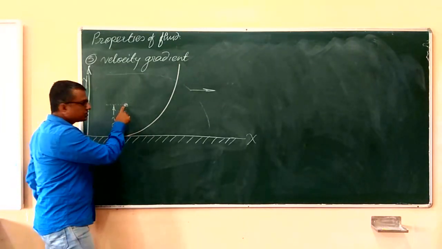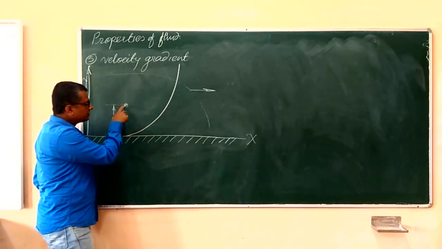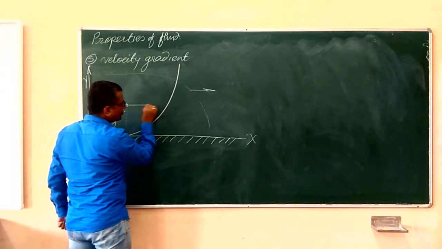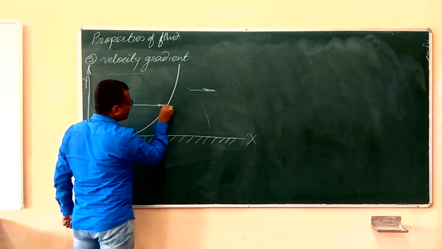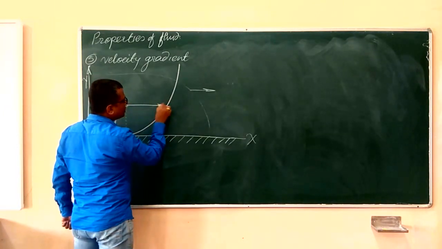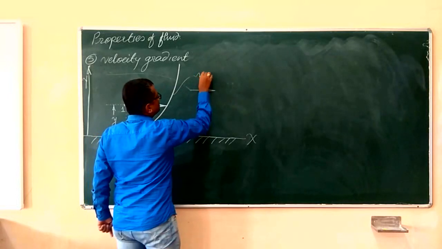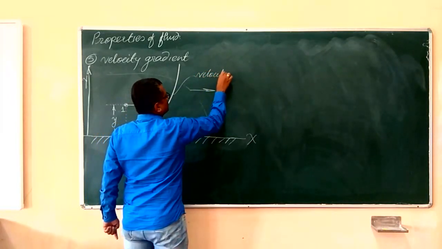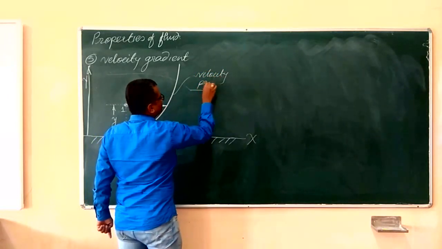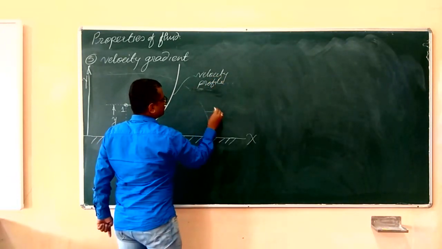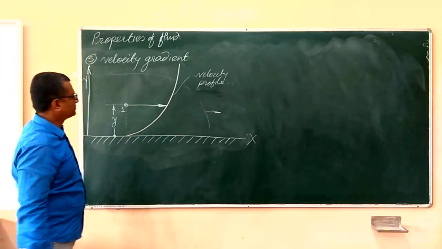And if I represent the velocity of this fluid particle in the form of a velocity vector, that vector will be obviously up to the length, up to this particular curve. What curve is this? It is the velocity profile.